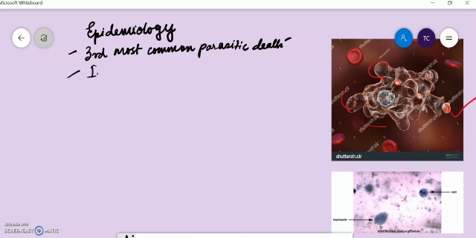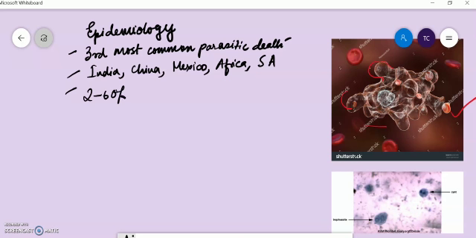It is present in India, China, Mexico, Africa, and South America, with 2 to 60% prevalence, based on your ELISA, PCR study and your stool samples. 1 lakh deaths per year.